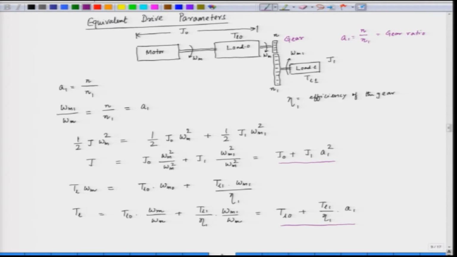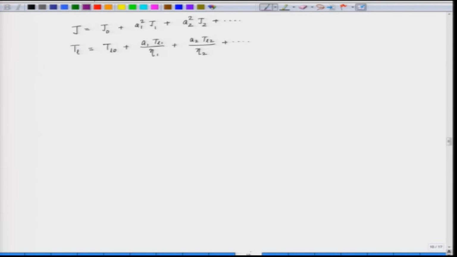Now, this is the case of the rotational system. So, this is the rotational load, when the load is rotating. When we have more than one gear, we have the gear ratios A 1, A 2 and so on. The effective inertia seen by the motor is J naught plus A 1 J 1 square plus A 2 J 2 square plus A 3 J 3 square and so on.